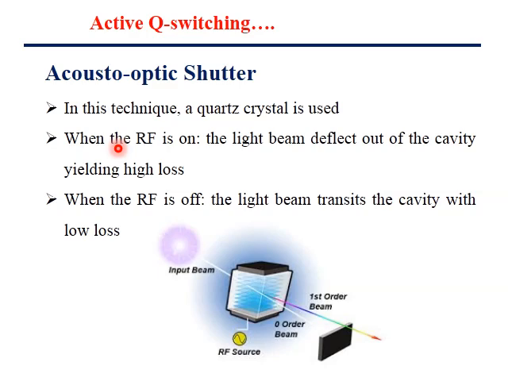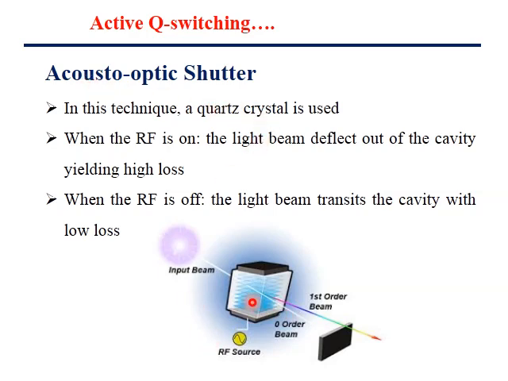This is the on position. Now when the RF is switched off, the light beam transmits through the cavity with low loss. So in this case, when the RF is switched off, we have our Q switched high power laser output. That is how an acousto-optic shutter works.